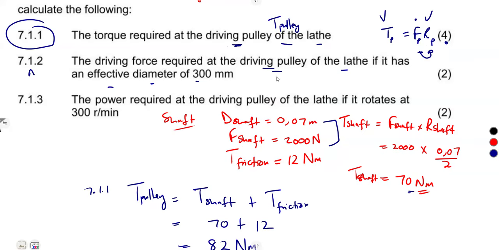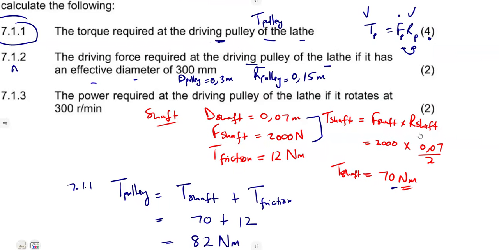The radius of the pulley can be determined from the diameter. Since we've got the diameter of the pulley divided by 1000, that's 0.3 meters. The radius of the pulley, therefore, is 0.15 meters.